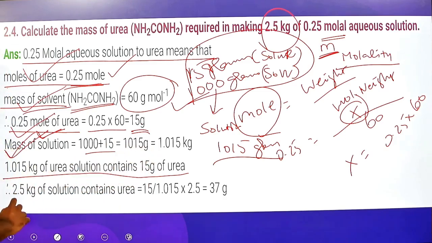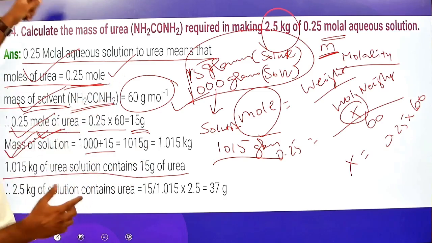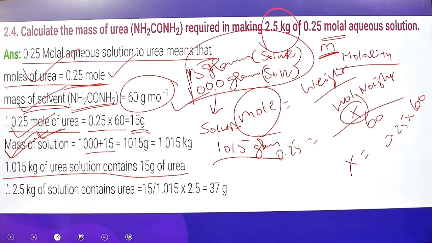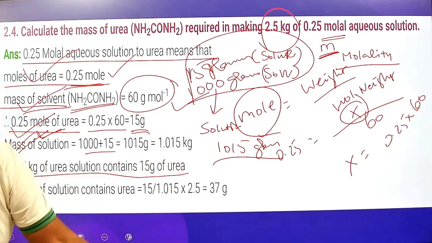1015 grams of solution contains 15 grams of urea. 2.5 kg contains how much urea?